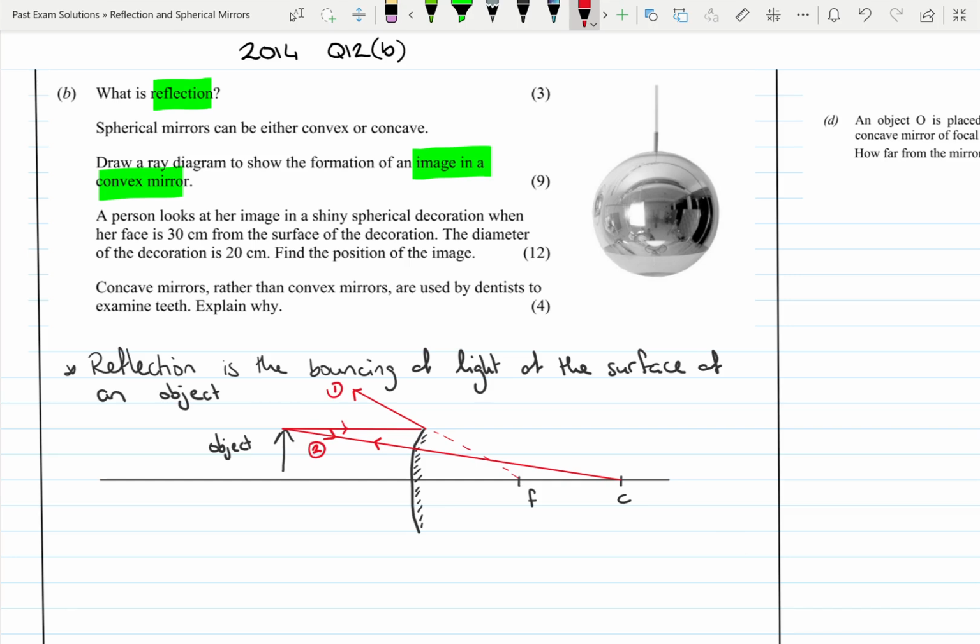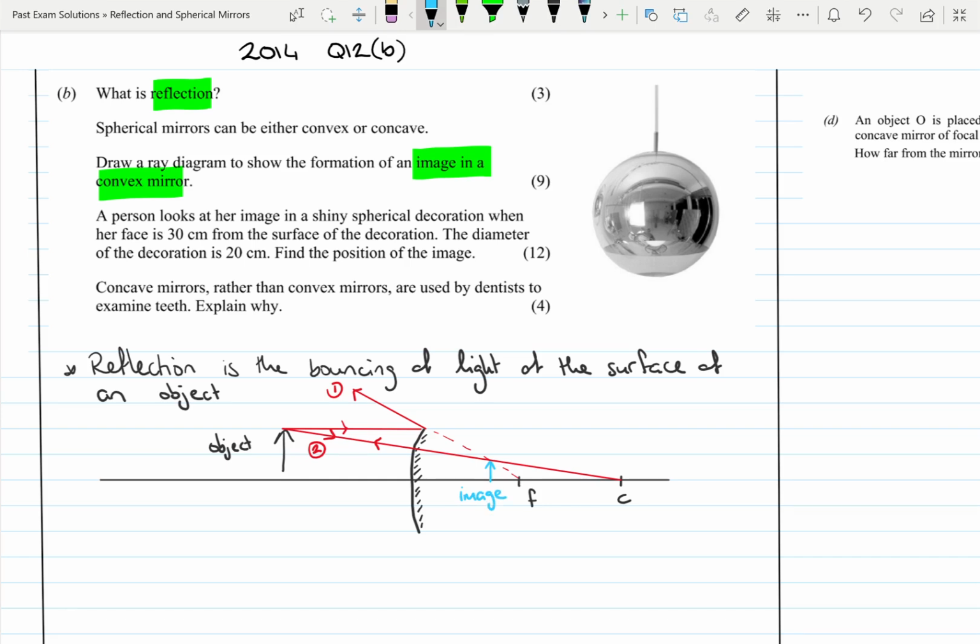They're diverging, getting further away from each other in front of the mirror, so we need to go behind the mirror. And we can see now behind the mirror, our light rays appear to intersect. Where that apparent intersection is, that is where the image is going to form.